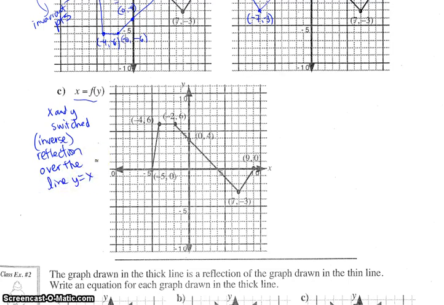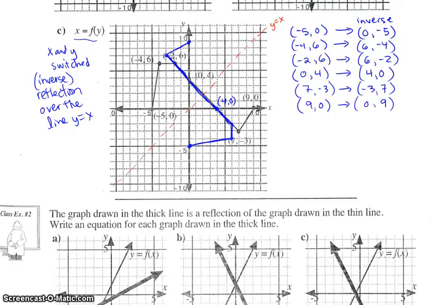Now, these can be a little tricky if you literally try to reflect it over that line. It will look right once we're done, but what I would recommend is we take each one of these points, so negative 5, 0, and then on the inverse, that point would become 0, negative 5. So this point here would now be 0 and negative 5, so down here. So you do that with the rest of these points, and then we'll compare our graphs. And again, circle what you think would be the invariant point or points. Pause your video.